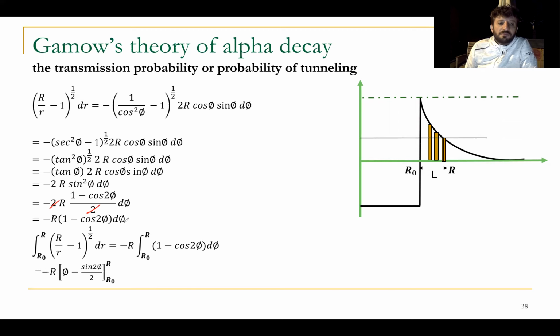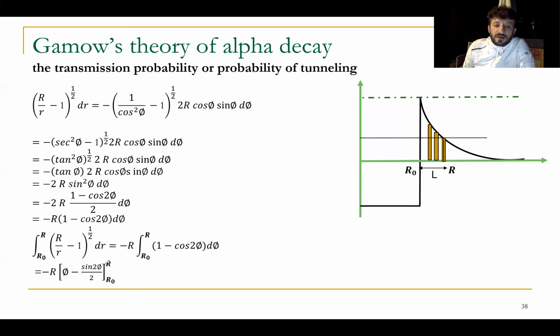So here we come back to the equation, integral of r divided by small r minus 1, power half, dr, which is equal to minus R, 1 minus cosine 2 phi d phi. Okay, I am calculating the integral now.